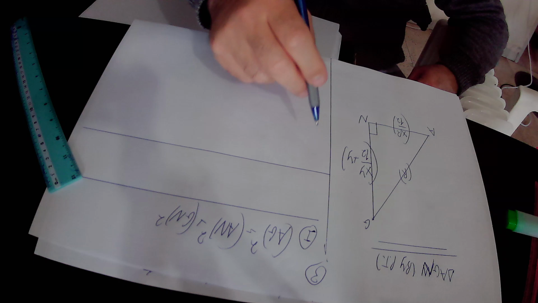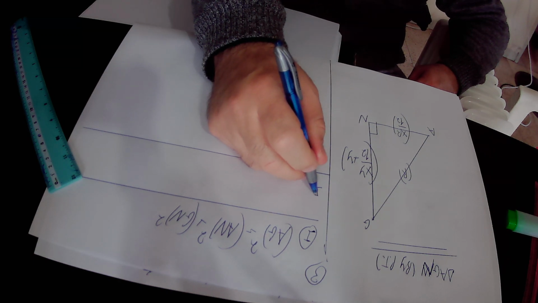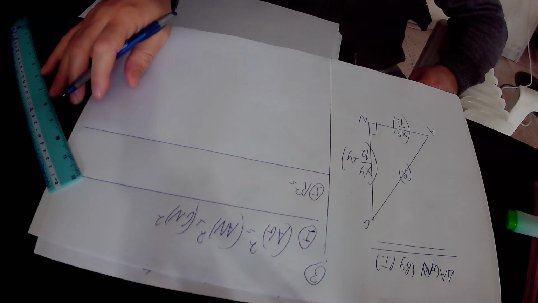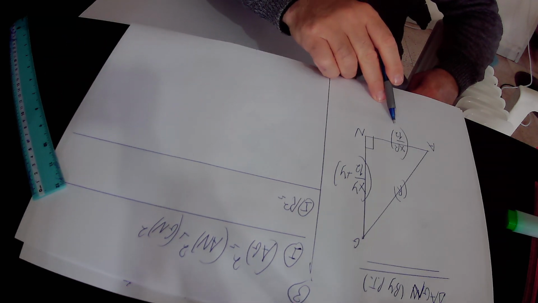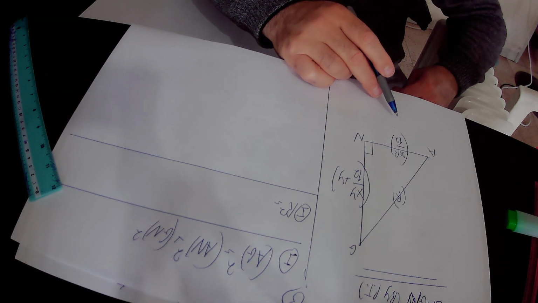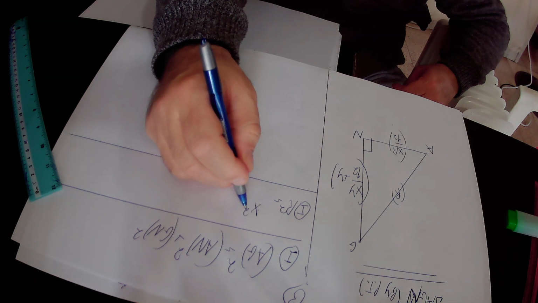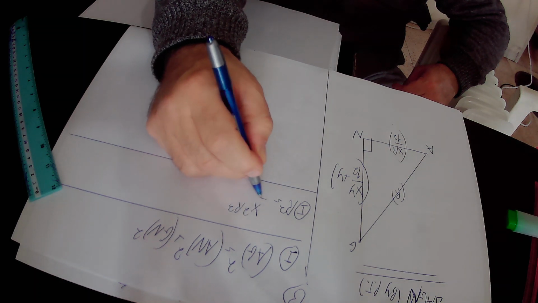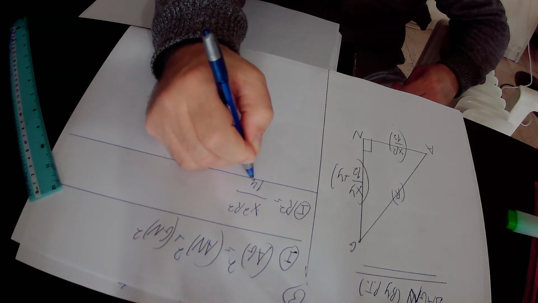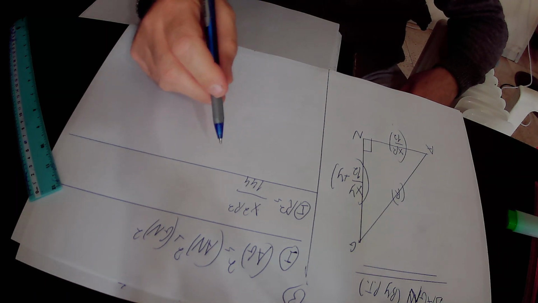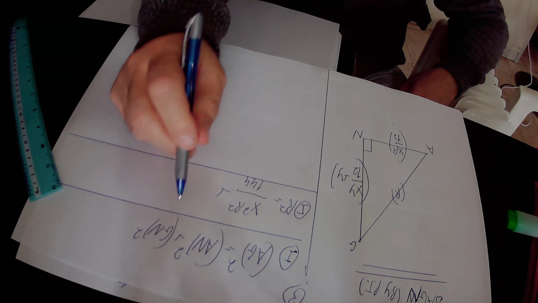AG is R, therefore AG square is R square, and it equals AN square. AN is XR over 12, therefore AN square is XR over 12 squared. XR over 12 squared equals X square times R square over 12 square, that is 144. So in total, XR over 12 squared equals X square times R square over 144, plus GN square.